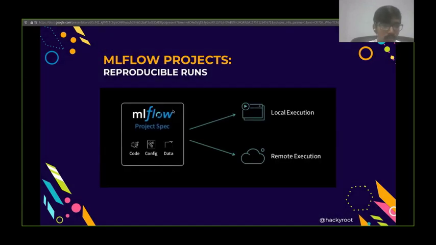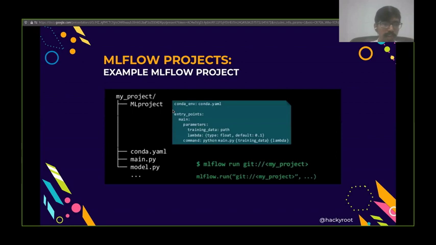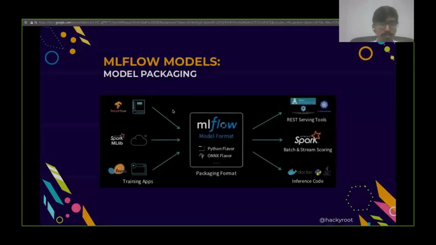This is very useful when you just run code, and if you add the configuration and the data, it will be ready for remote execution. So you don't have to worry about how to integrate with your backend. Just add everything in the configuration file, and you will be ready to go.